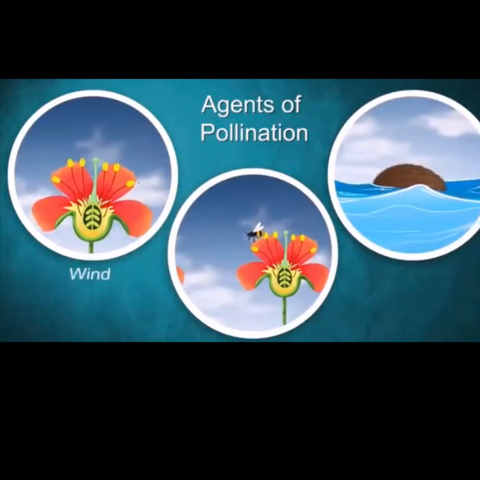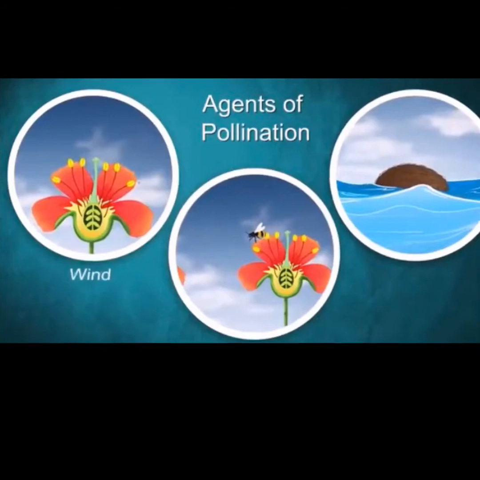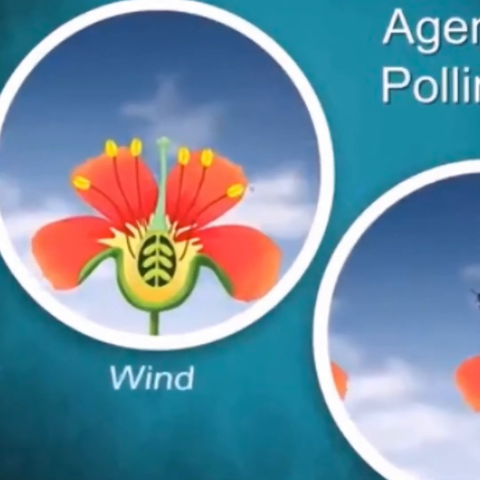We are going to say artificial pollination made by man. Let's talk now about the wind. How do the pollen grains transfer by the wind from the anther to the stigma of another flower?